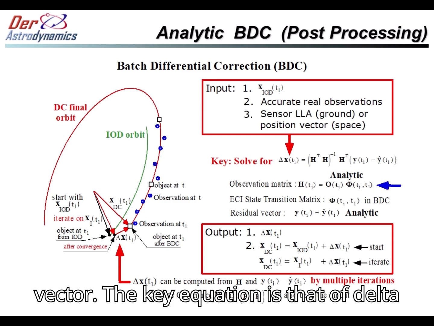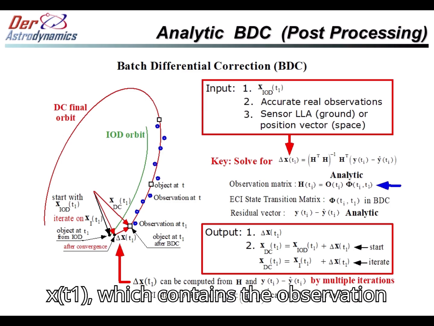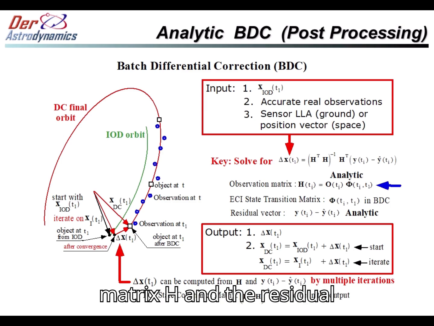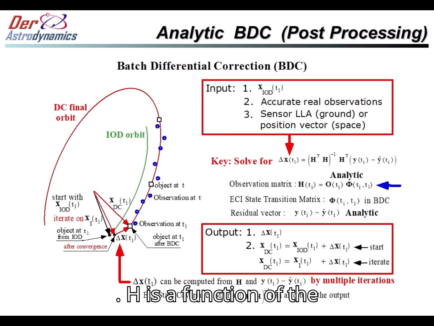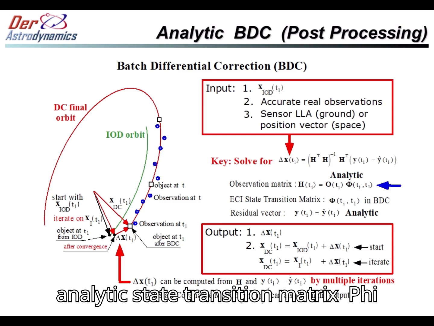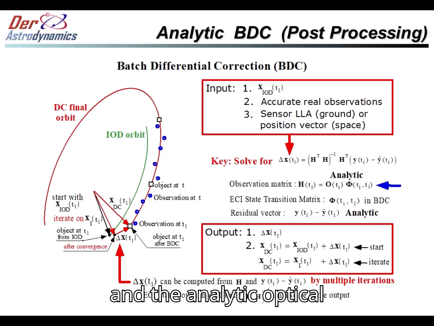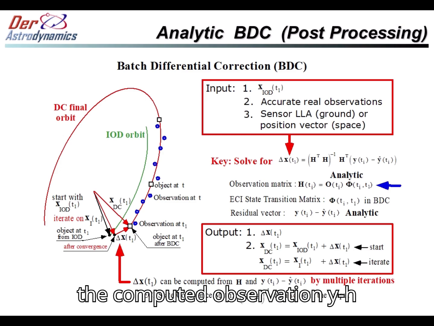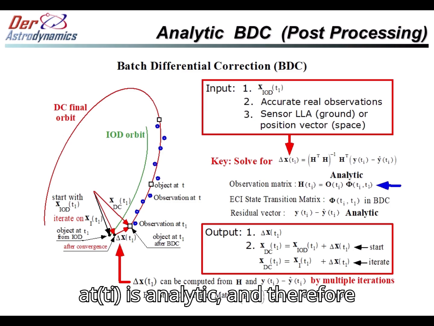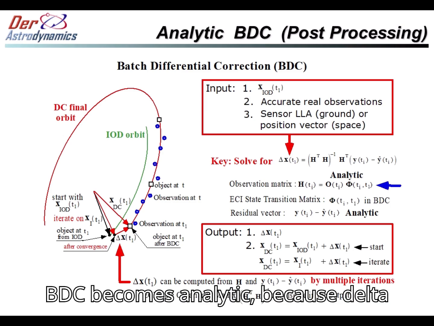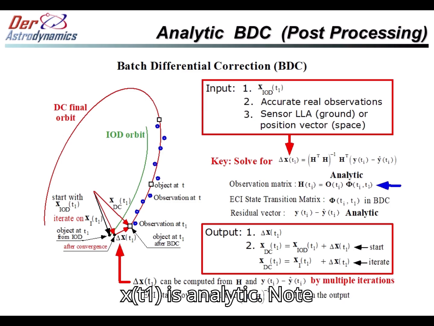The key equation is that of delta X T1, which contains the observation matrix H and the residual vector YTI minus Y hat TI, observed minus computed observation vector Y. H is a function of the analytic state transition matrix Phi and the analytic optical matrix O. Also, the computed observation Y hat TI is analytic, and therefore BDC becomes analytic because delta XT1 is analytic.